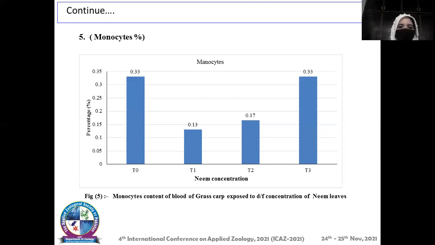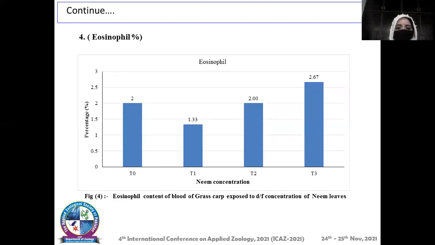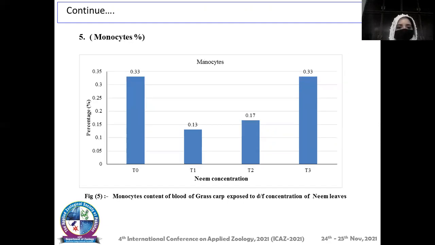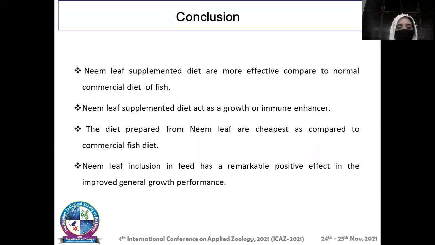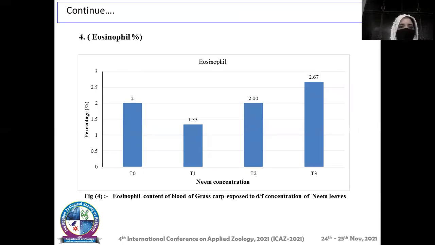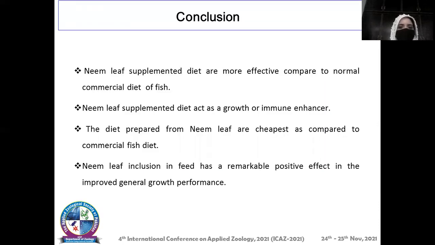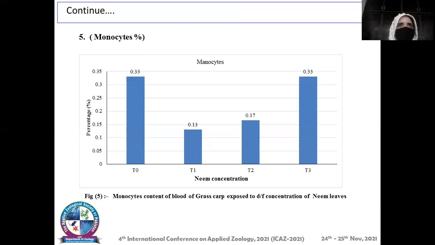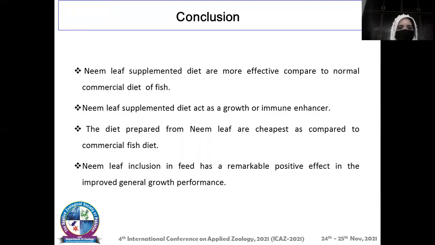These two are similar: as the neem concentration in the feed of the fishes increases, these both parameters also increase. I didn't draw a graph for the basophils because the neem diet has no effect on the basophils.